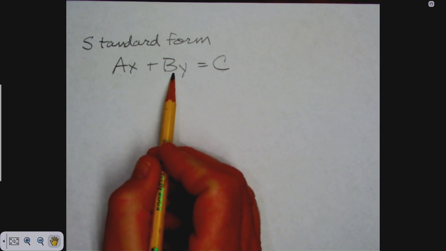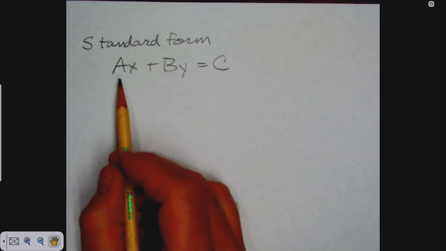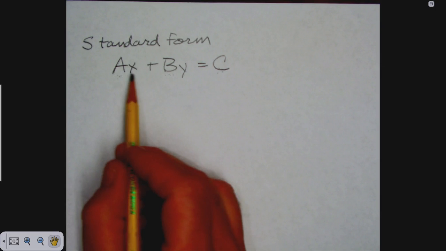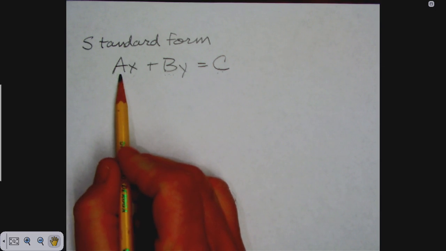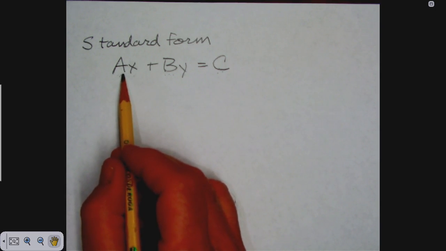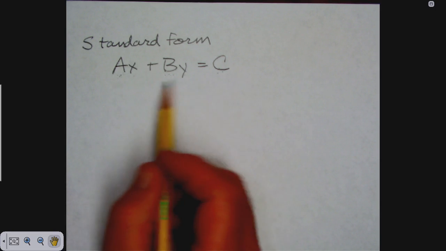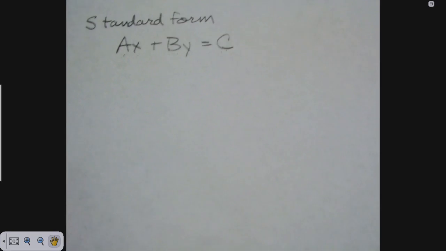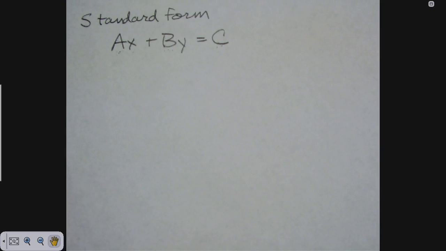One of them can be 0. So I usually like to keep these integers, and I usually like to keep the A non-negative. I also usually like to keep that as low as possible while keeping them all integers, but that's usually not viewed as a requirement. And so actually there may be more than one version of the standard form.